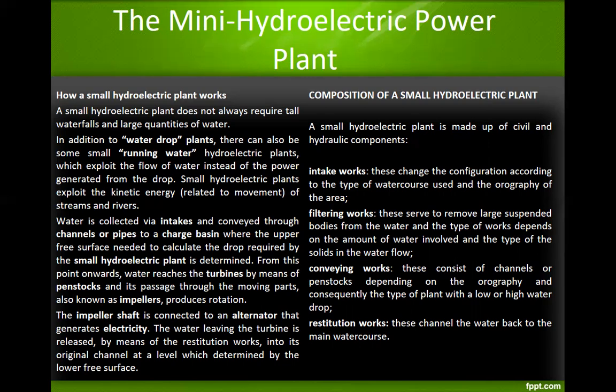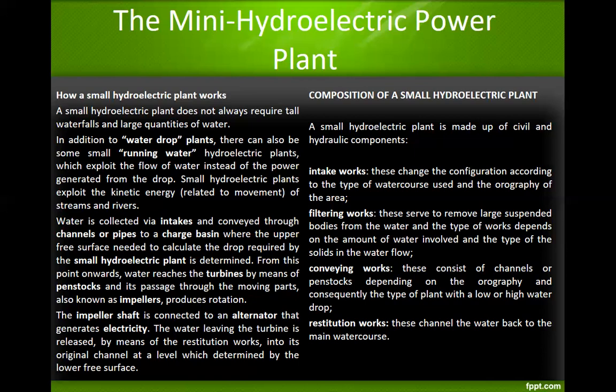At this point onward, water reaches the turbine by means of penstock and its passage through the moving parts, also known as impellers, produces rotation. Then the impeller shaft is connected to an alternator that generates electricity. The water leaving the turbine is released by means of the restitution works into its original channel at a level which is determined by the lower free surface.